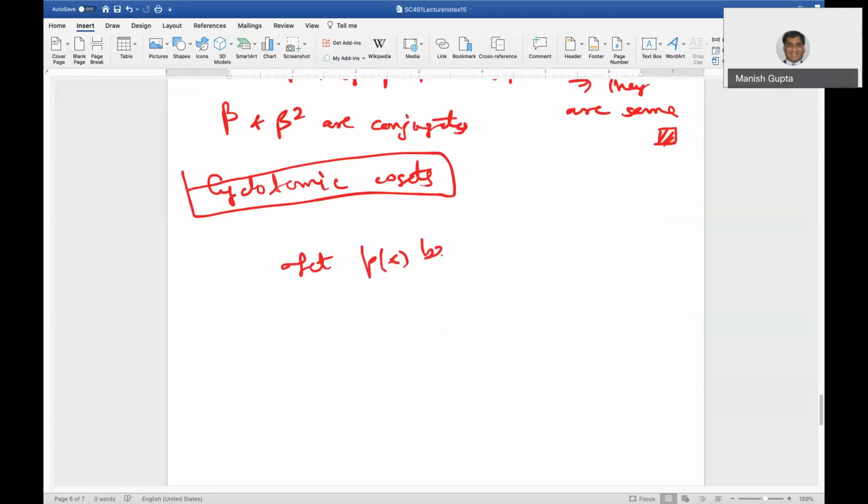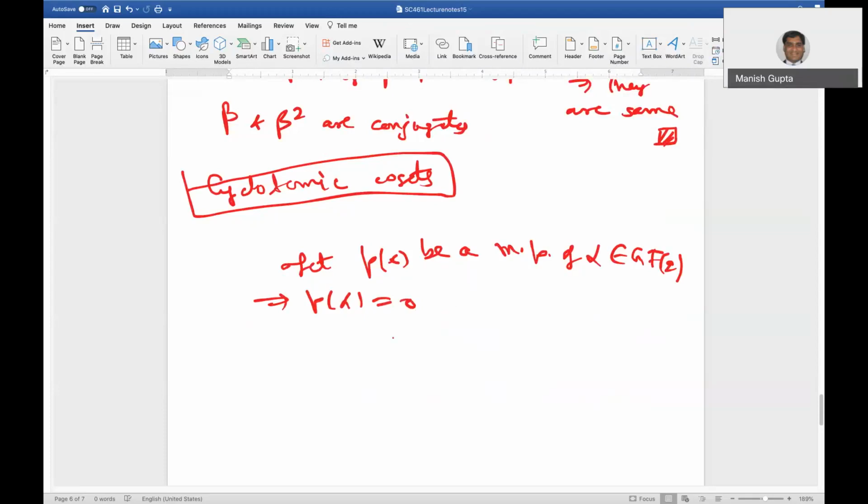Let P(x) be a minimal polynomial of alpha in GF(q). This implies that P(alpha) is equal to 0. What about other roots?